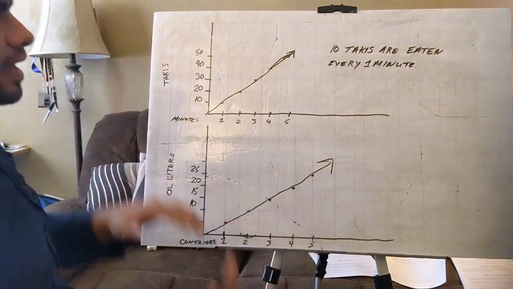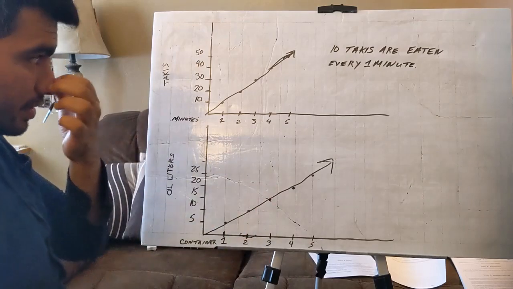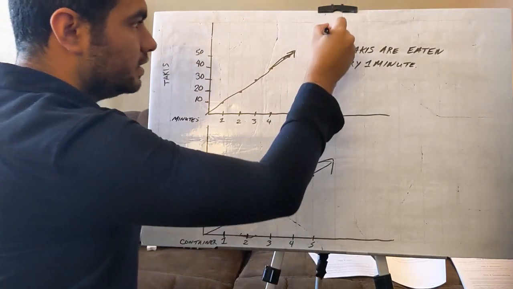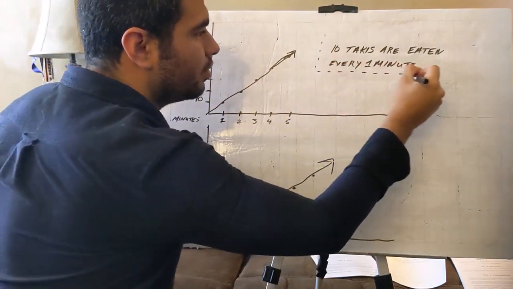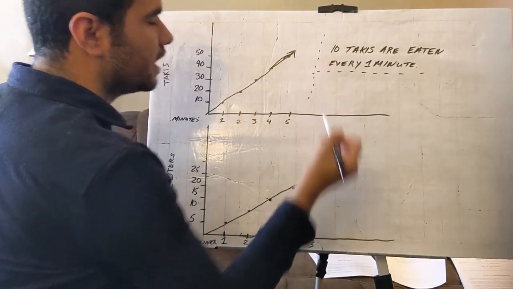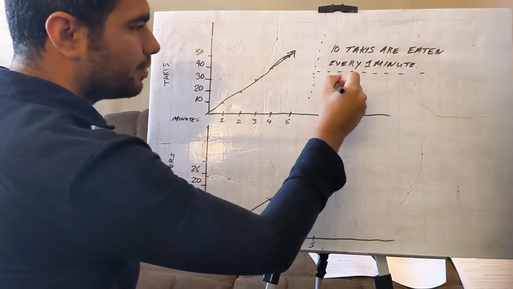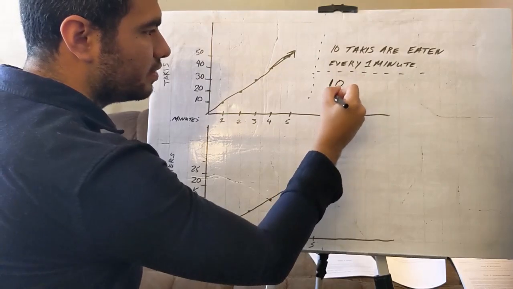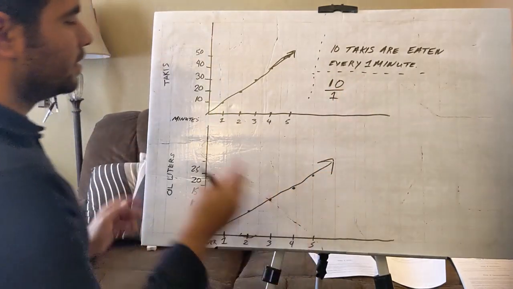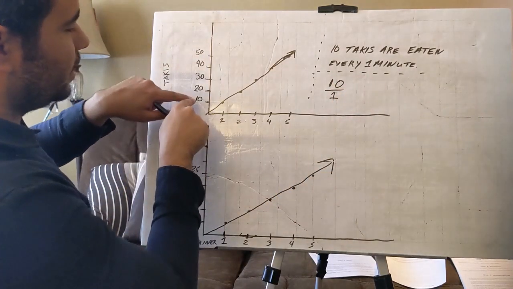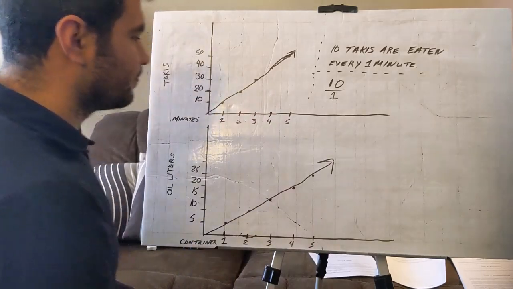Since it's going up by 10 for every one, this is part of my answer. But if I had to put it in just numbers, I would say that it's going up by 10 over 1.